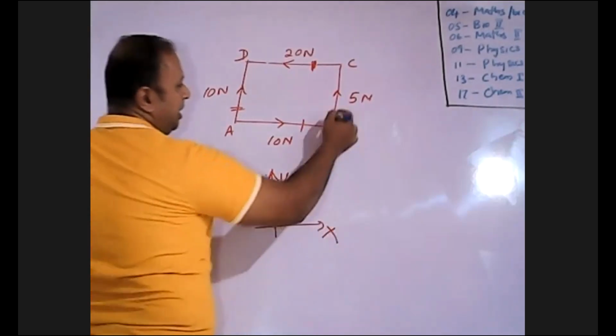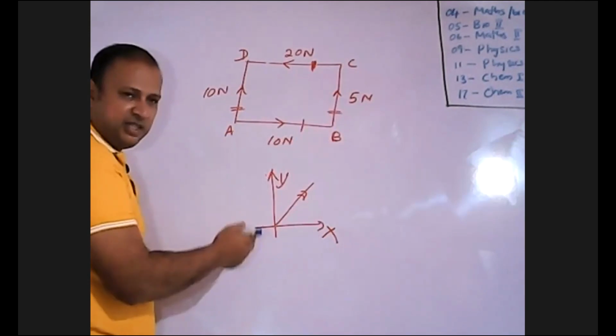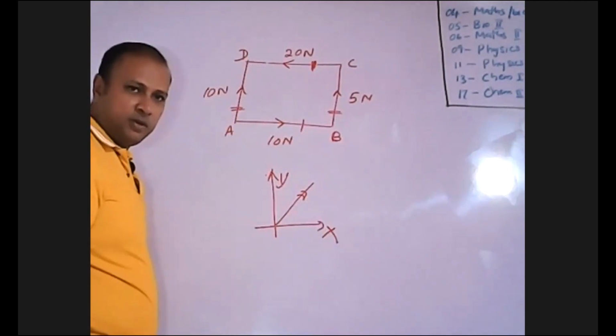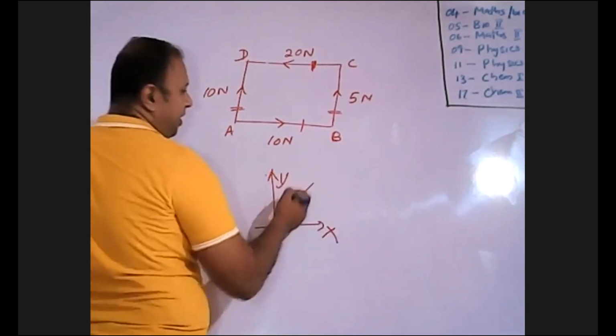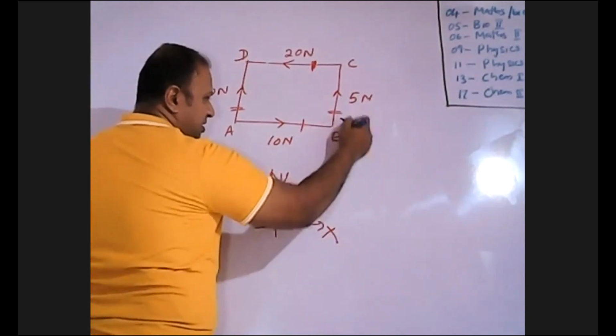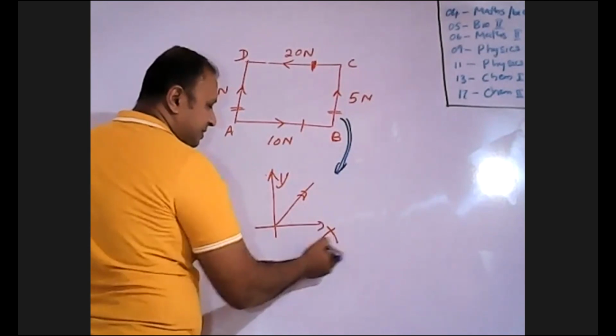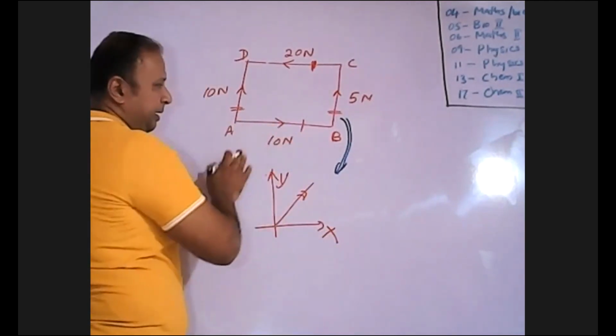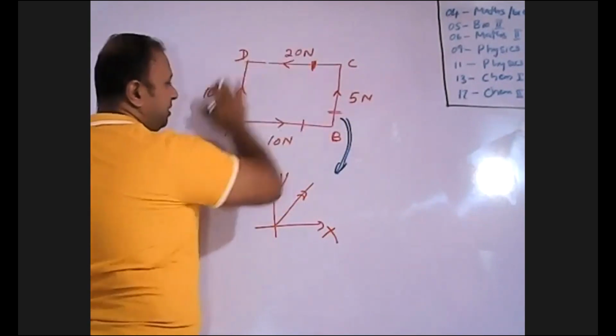So if I reduce this vector system into x direction and y direction, there are two vectors, no? At the first place there are four vectors here.